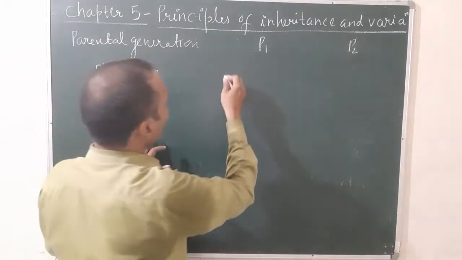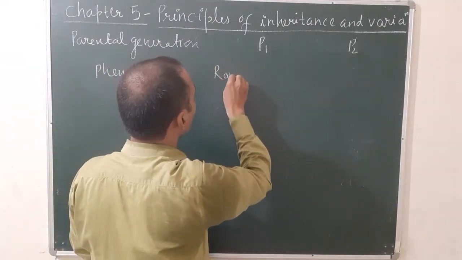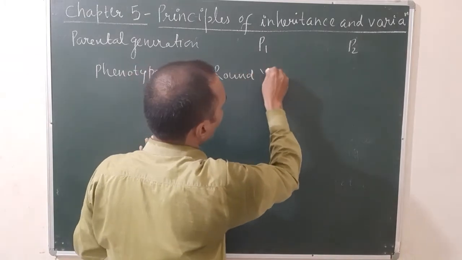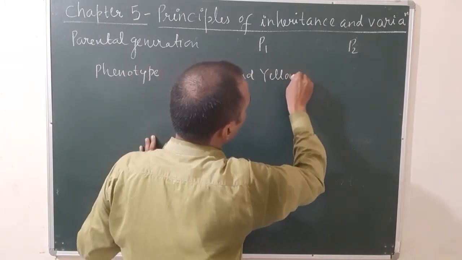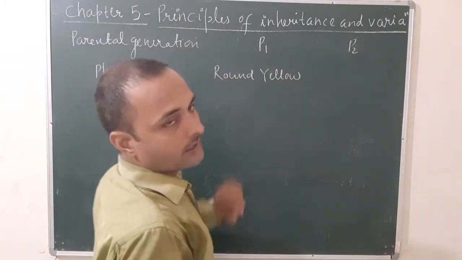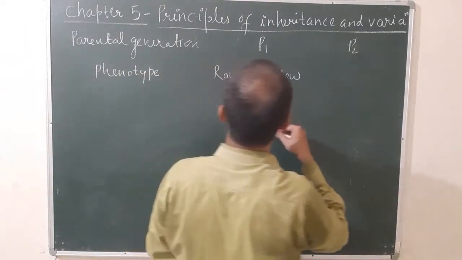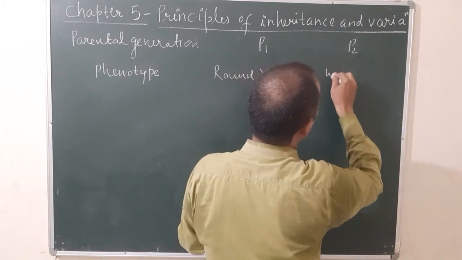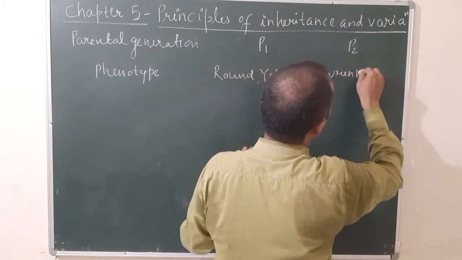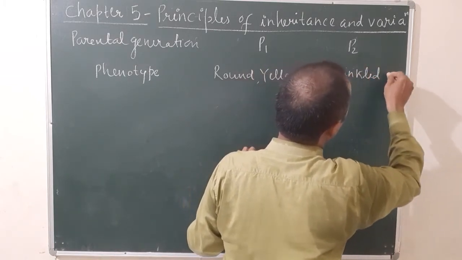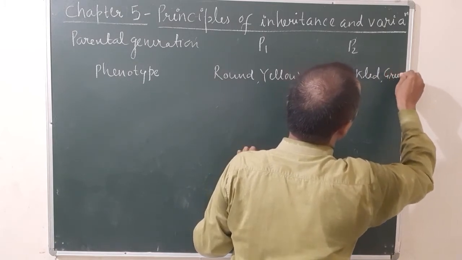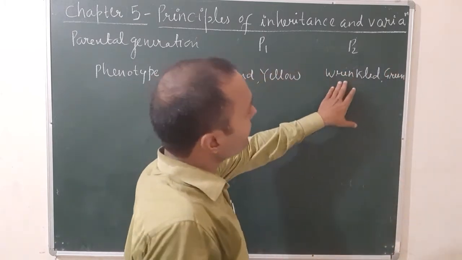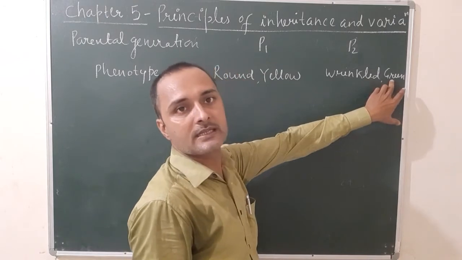So the dominant traits are round and yellow. That means round shape, yellow color. Then round yellow crossed with wrinkled and green. That means wrinkled seed and green color.